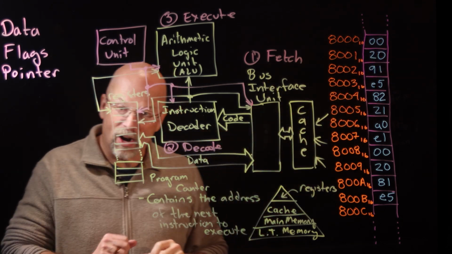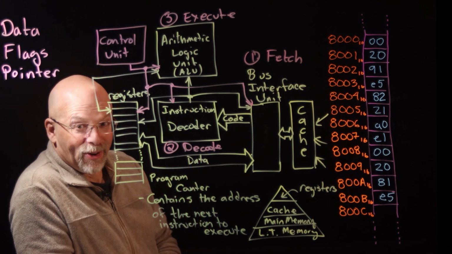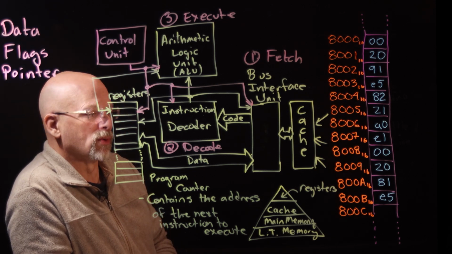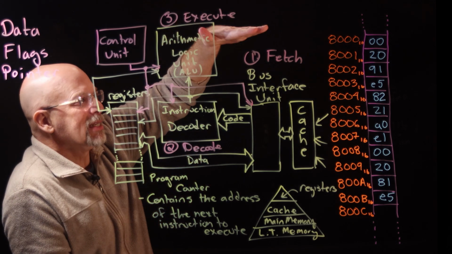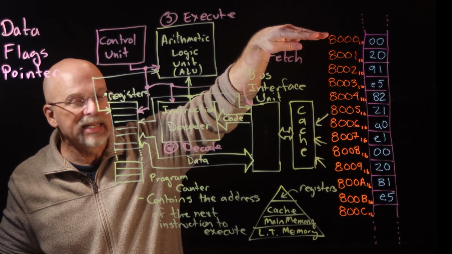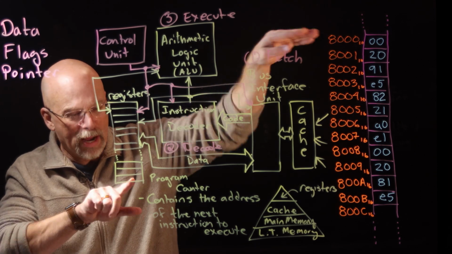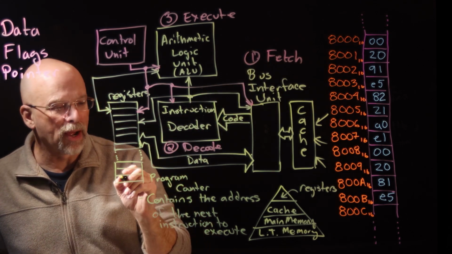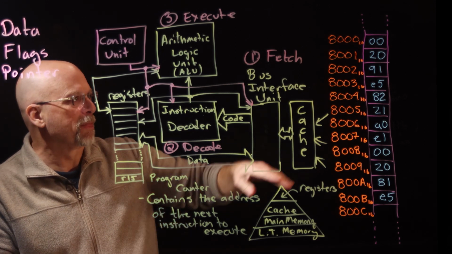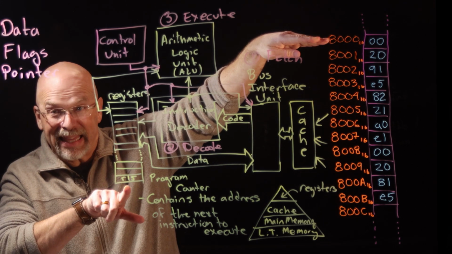So there's the instruction we want to execute. The reason we need a program counter is that we need to keep track of where we are in our code. Whenever we came into this code, the program counter contained 8000 hex. In the case of the ARM processor, it's this last register, identified as R15. It's pointing to this instruction right now, so the value in here is 8000.